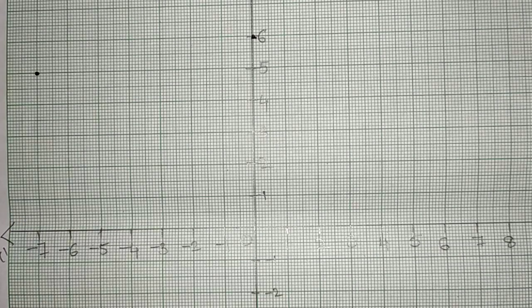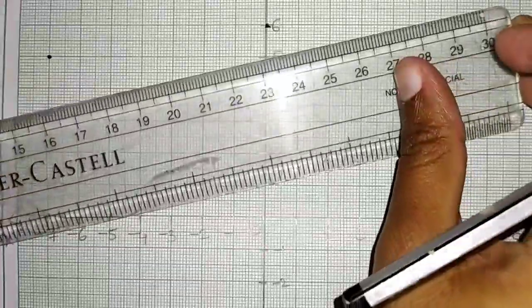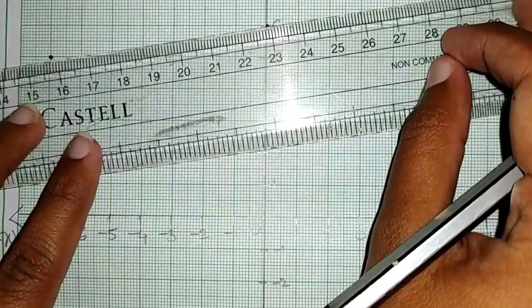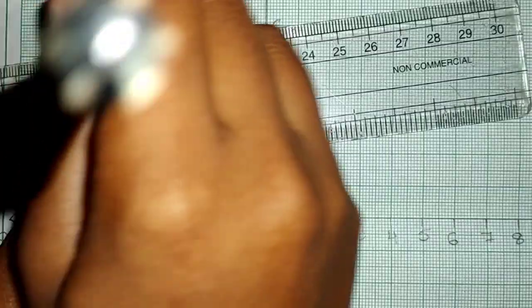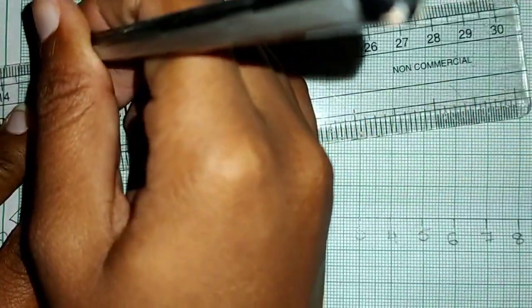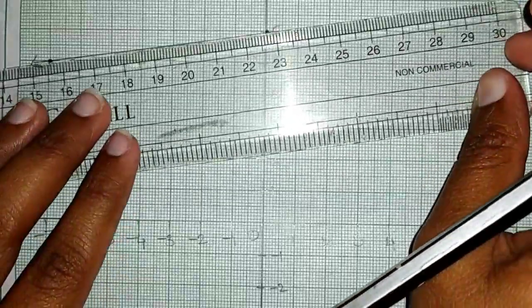Now let us draw the line. Remember, always use pencil in a graph. Because it is not visible in the video, I am making use of pen. But you should never use a pen while plotting a graph. So here is our line of the given equation. So put arrow marks. Let us extend it a little bit.